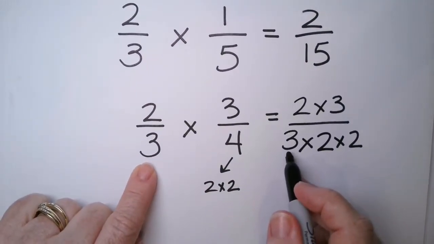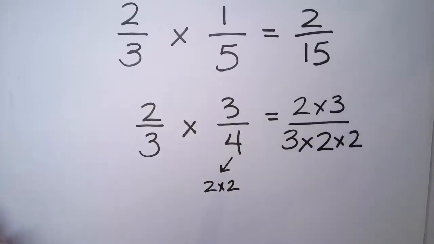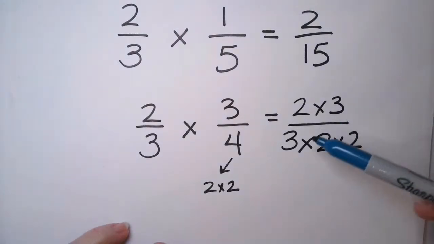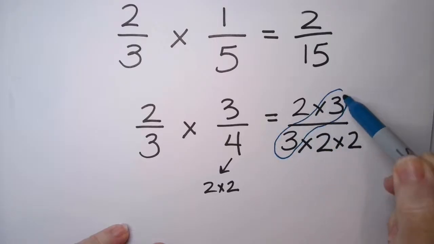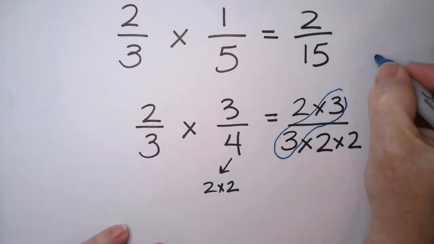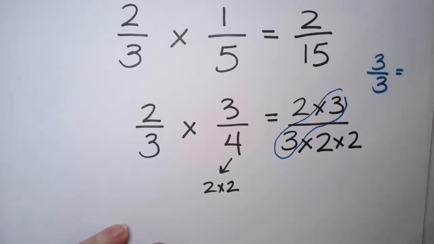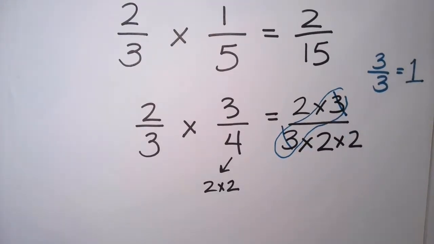We're good? Because these are all multiplied, where do we have the same number on the top and the bottom? Do you see those are the same? What is 3/3 equal to? Anytime the top and the bottom are the same, that's equal to 1. So these actually cancel. Do you see any others?